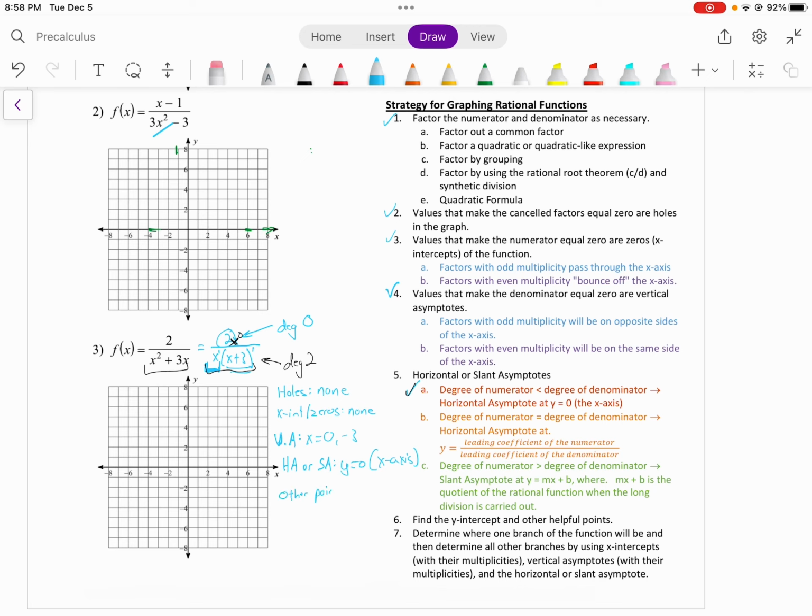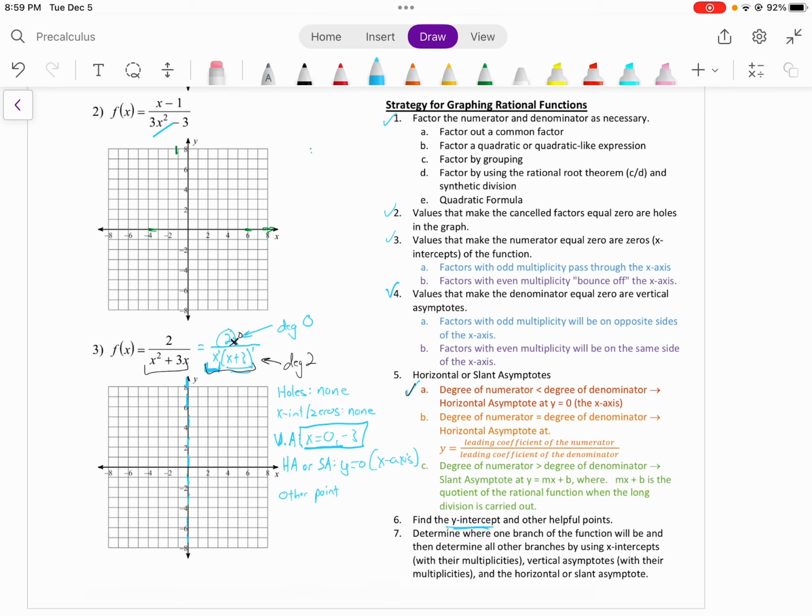We go to other points, and normally when we do other points, we find the y-intercept. However, we see up here that the y-axis is a vertical asymptote, so there will not be a y-intercept. So let's go ahead and graph what we have. There's no holes, there's no x-intercept, so not much to graph yet. There's a vertical asymptote at x equals 0.